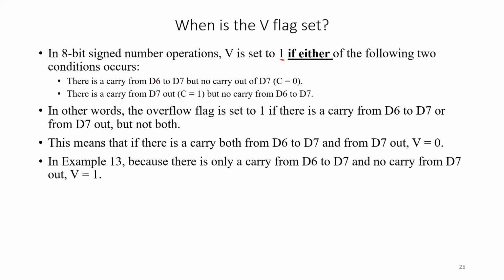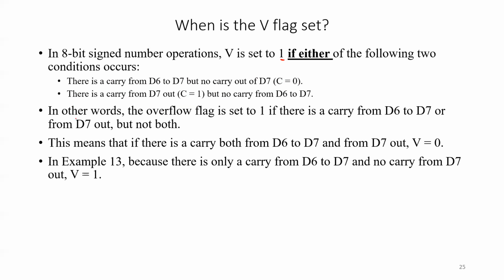But here, the V flag would appear either for a carry from D6 to D7, in which case the carry flag should be 0, or for a carry out of D7, which means C equals 1, but no carry from D6 to D7. Which means one of them, guys. It cannot have overflow for both D6 and D7, just one of them.